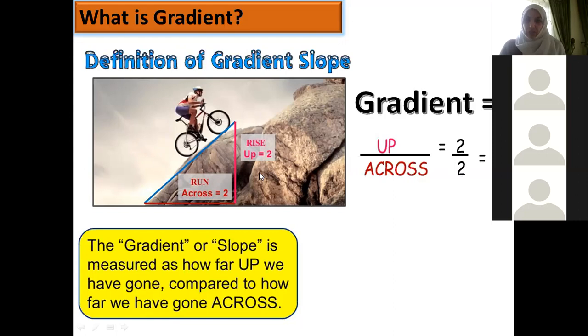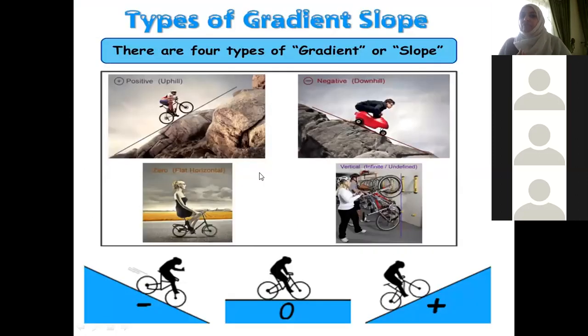Let's continue. Do we have different gradients, different slopes? Yes, we have different types of gradient. As I just mentioned in the beginning, if we have a graph that is going upward, an increasing graph, that would be a positive gradient. And if I have a graph that is going downward, that would be a negative gradient. Of course, we have other straight lines.